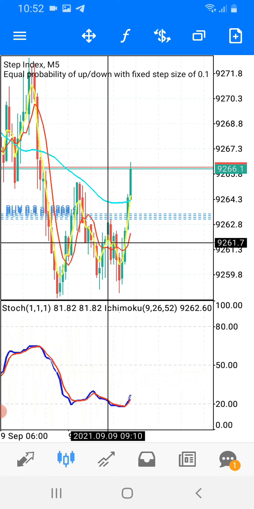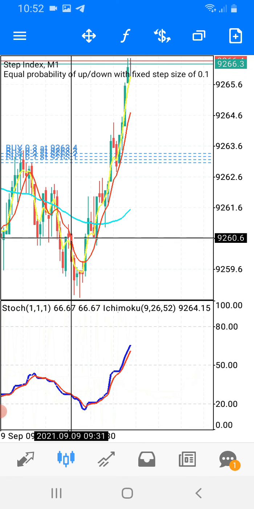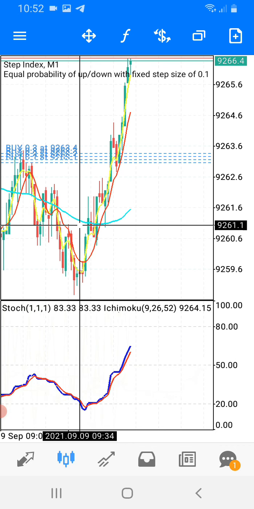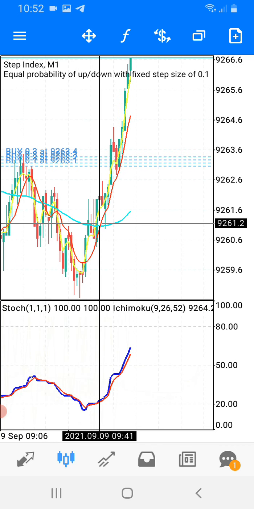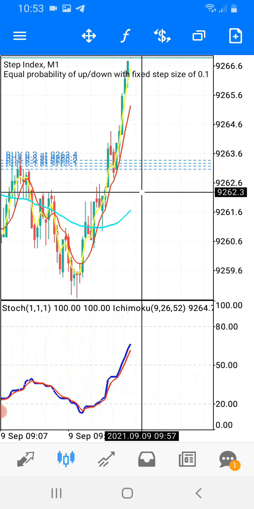Okay, so guys, for the 1 minute time frame which we're using to trade, I'm about to take profit right now for this trade. But quickly, let me show you how I entered this trade. Checking the conditions for the strategy, the blue moving average has to cross below this green line, below the chart.